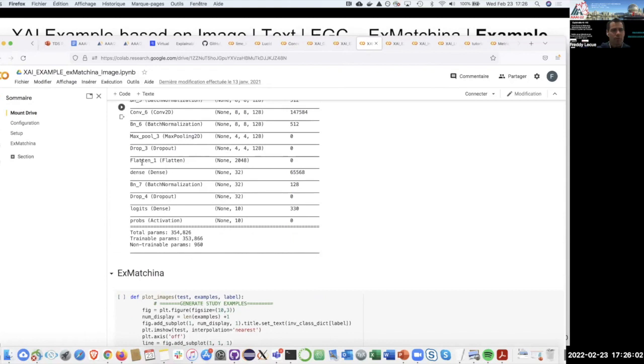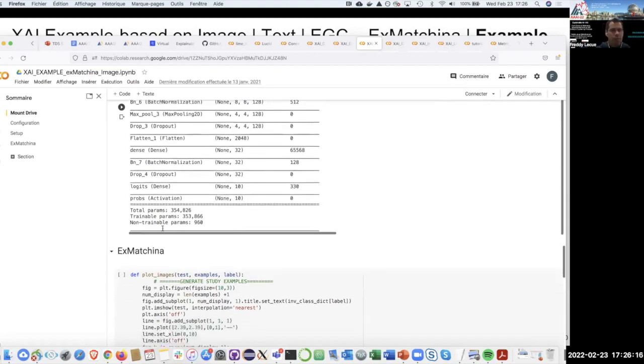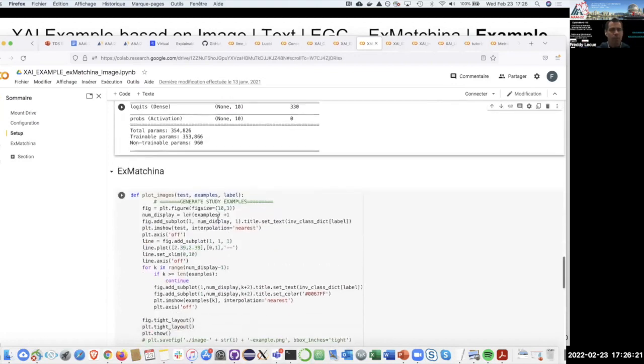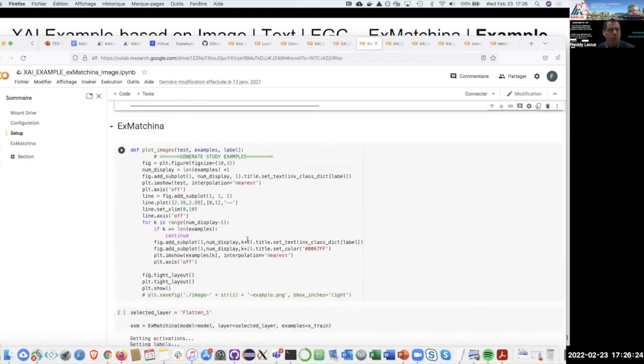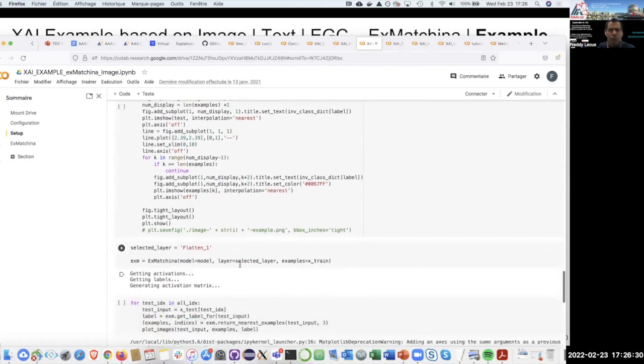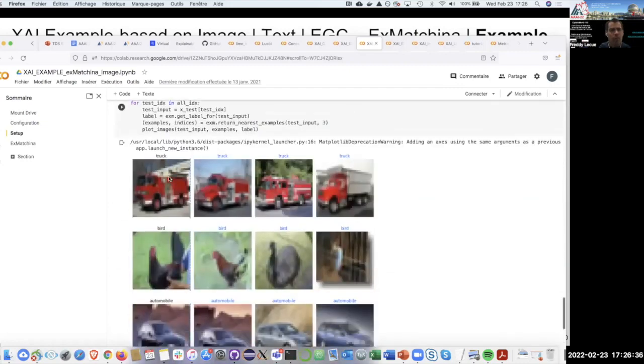Here, the difference is that there are a few other things after, because you do classification on 10 classes, so there's a logit one, probability, and softmax. But this is where you have your representation, and there are a few adjustments for coloring and adjusting images. You can just take the code as it is, and this is what you get. You get the input images, so that's the track, and they give you 2 examples.